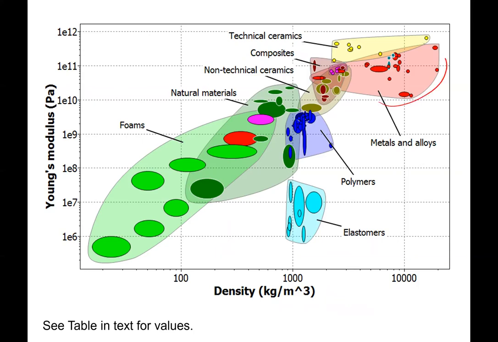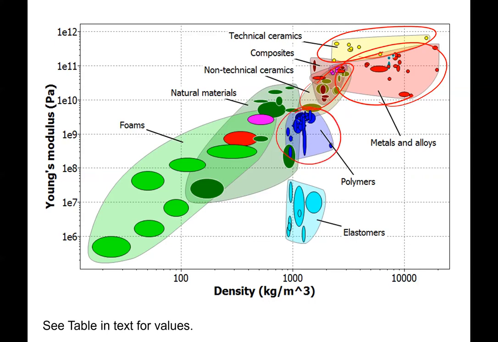So for example, our metals and alloys are clustered up here in this region. Our technical ceramics versus non-technical ceramics cluster a little bit differently. So the non-technical might be glasses, technical might be some kind of a titanium oxide or zirconium based material, for example.